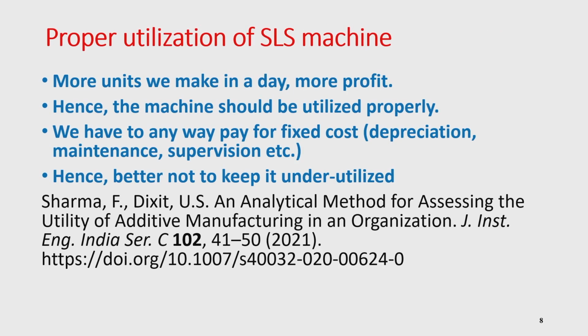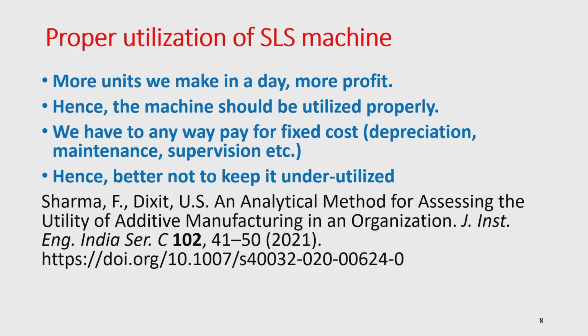So now what I am telling is, suppose you want to utilize this selective laser sintering machine properly, then the more units we make in a day, the more profit we get. So first of all, you have to make more units in a day, hence the machine should be utilized properly.